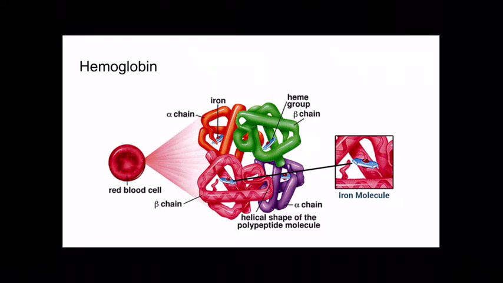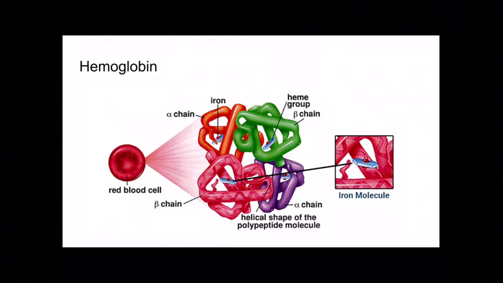Hemoglobin has four iron molecules embedded within it, and those iron molecules create the receptor site where hemoglobin binds oxygen. So hemoglobin is how red blood cells carry oxygen.